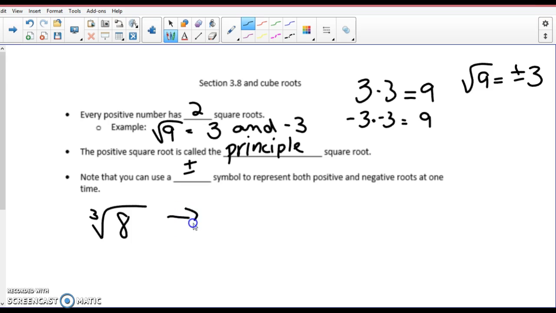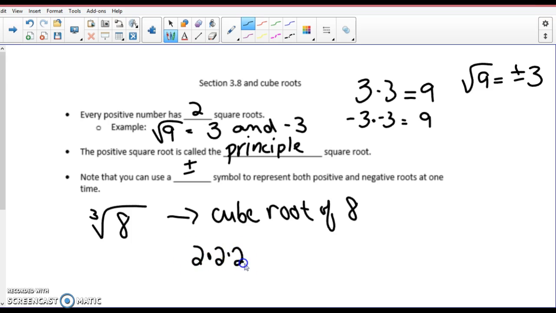This is read the cube root of 8. The cube root of 8. Now, what is the cube root of 8? Justin, correct. Because 2 times 2 times 2 is 8. So, the cube root of 8 is 2.